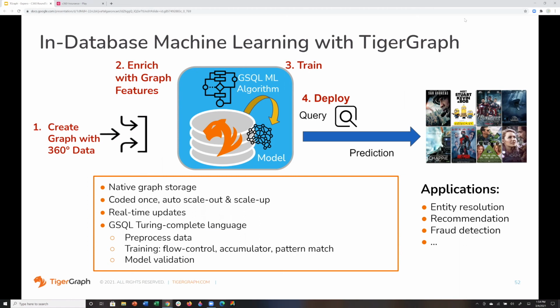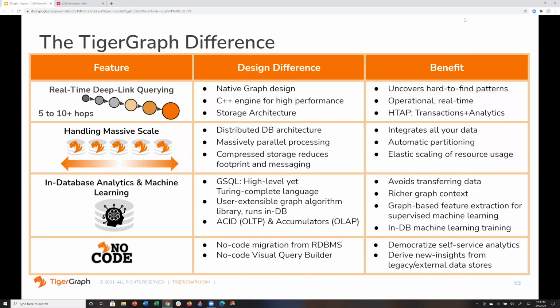Okay, so I'm wrapping up here. Again, just to reiterate some of those points I made before about trying to pick the right graph database. You want to make sure it has that real-time deep link querying capability, which is going to help you find those hard-to-find patterns and perform operationally. You want one that scales with your needs, so you can integrate all your data and it's elastic to grow as your needs grow.